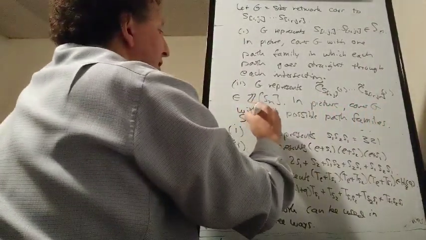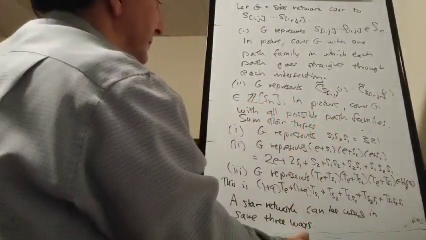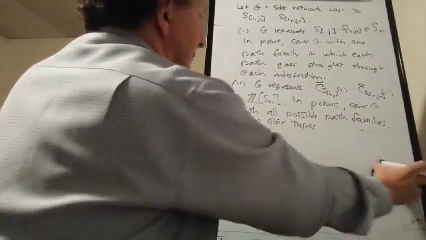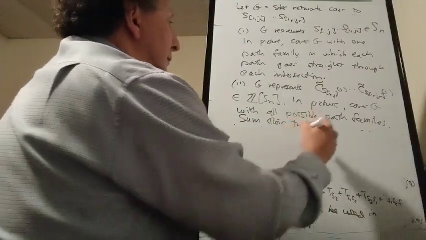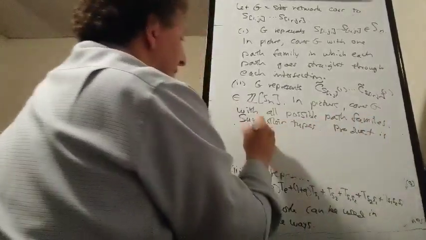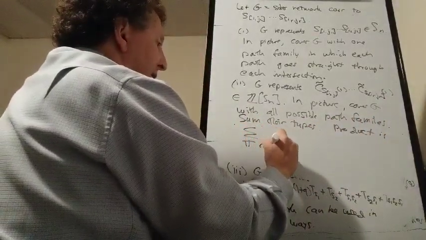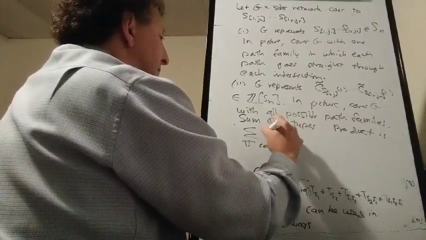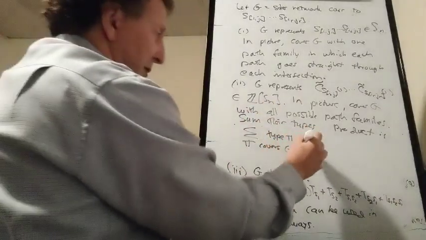And then we sum their types. So the product is the sum over all path families pi which cover G of the type of pi. So exactly the same formula as before.